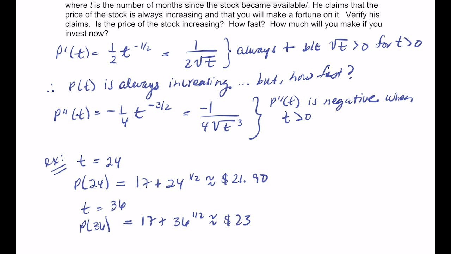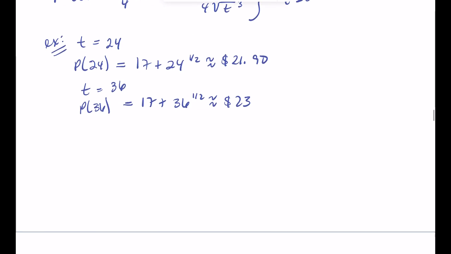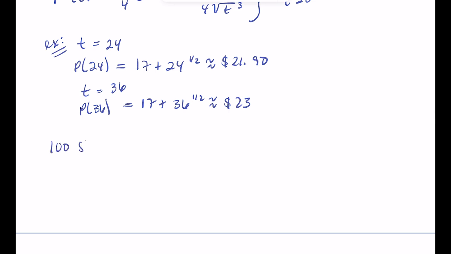So what does that mean? It means if you bought 100 shares, if you could afford that, your investment now after 2 years would be $2,300 in a year. So that's what your investment would be worth, that's in 1 year from now.